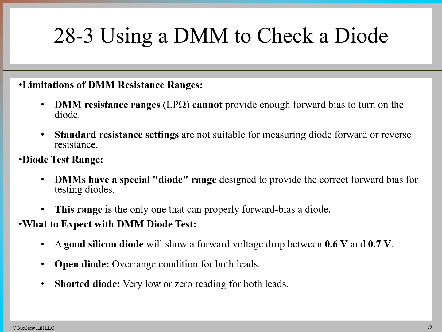When using this setting, the DMM displays the forward voltage drop across the diode instead of the forward resistance. For a good silicon diode, the forward voltage drop should be between 0.6 and 0.7 volts. A shorted diode will show very low or zero reading, while an open diode will display an overrange condition on both leads.